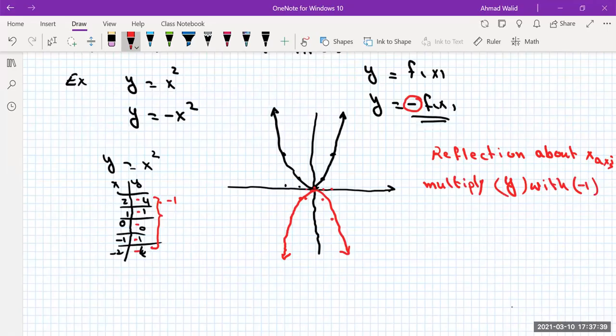That's the technique. It gives you reflection about x-axis. Right?